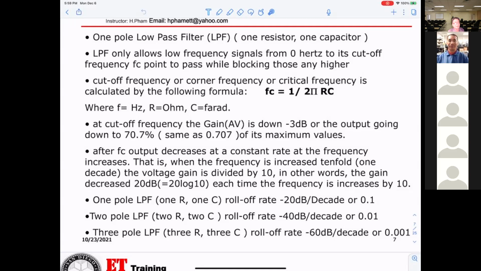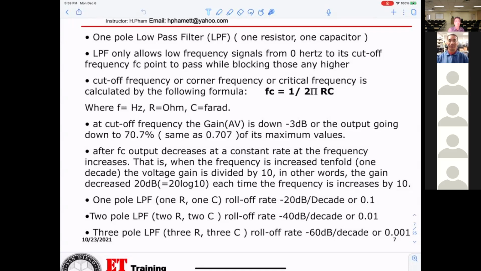By the way, 2 poles, then you get 2 resistors and 2 capacitors. Okay, and 3 poles, you get 3 resistors and 3 capacitors and so on. By looking into the circuitry, you're able to recognize whether it is a 1 pole, 2 pole, or 3 pole low pass filter.